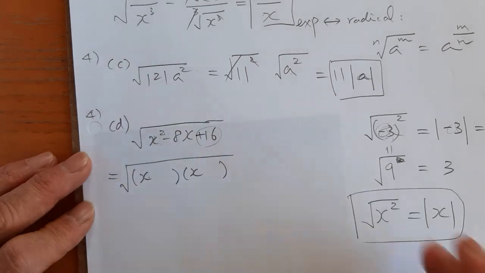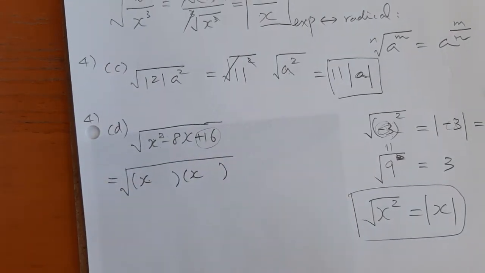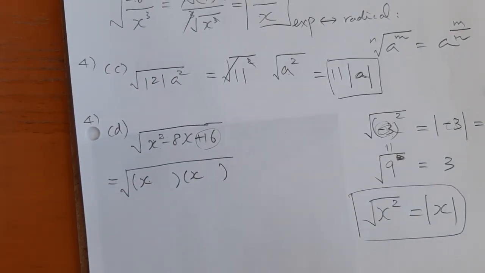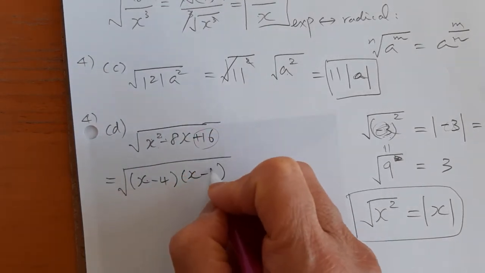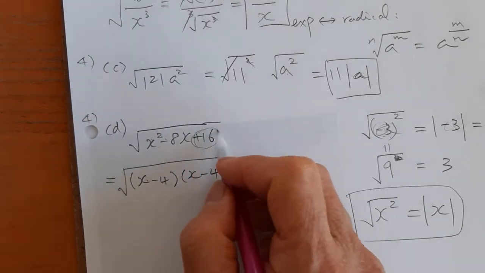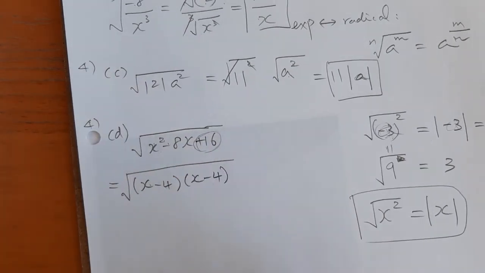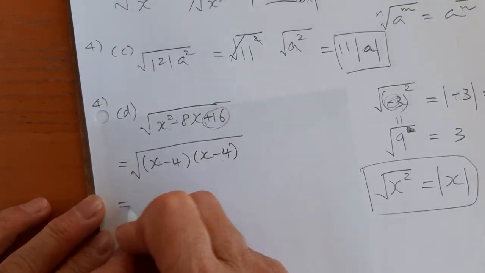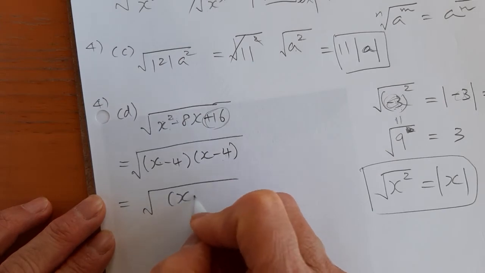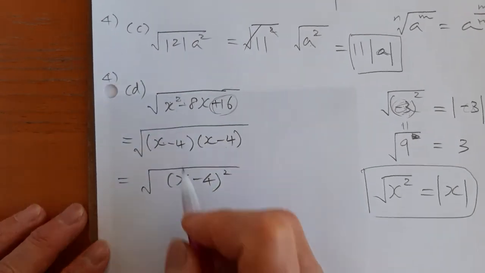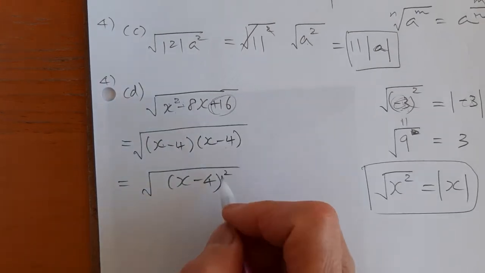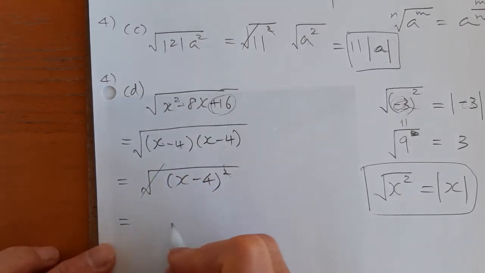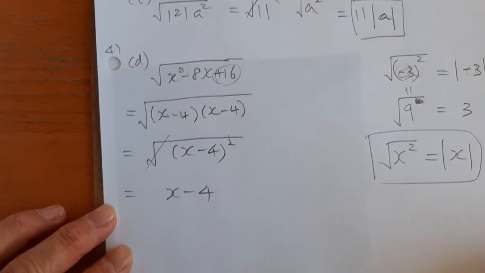You need 16. 16 is, you find two numbers that multiply together to give 16 and add together to give negative 8. That will be negative 4, negative 4. Multiply together is positive 16. Negative 4 add negative 4 is negative 8. So this is the square root of x minus 4 squared. Quantity squared. So square root cancel each other, and you got x minus 4.